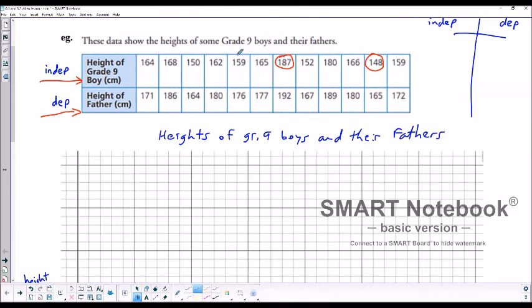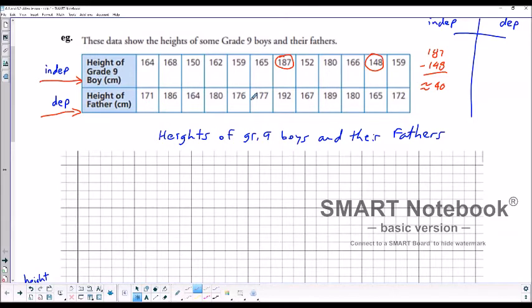So your points are going to be distributed somewhere between 148 and 187. To get an idea, from 148 to 187 is exactly 39, so it's around 40 units from the smallest to the largest. That's the range of the data.